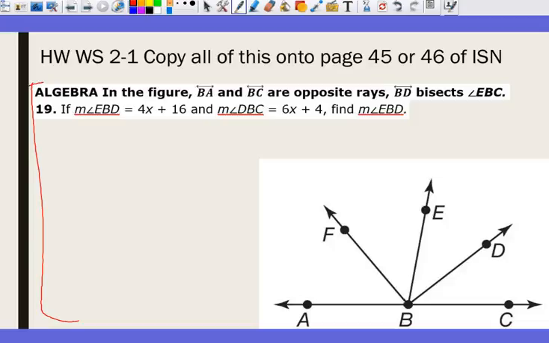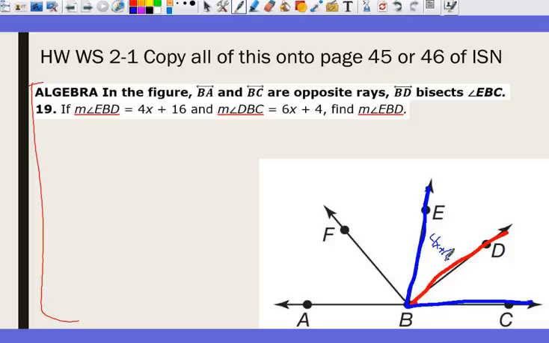In the figure, BA and BC are opposite rays. BD, just like before, bisects EBC. So we have this bisected. We know EBD is 4x plus 16.